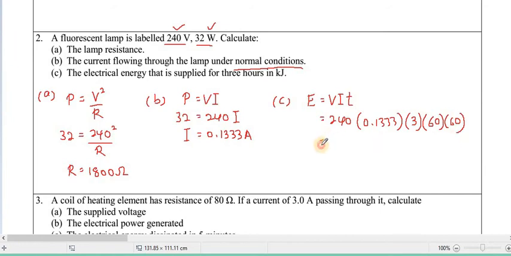Then you get 345,600, but the answer they want is in kilojoule, so you must write 345.6 kilojoule.